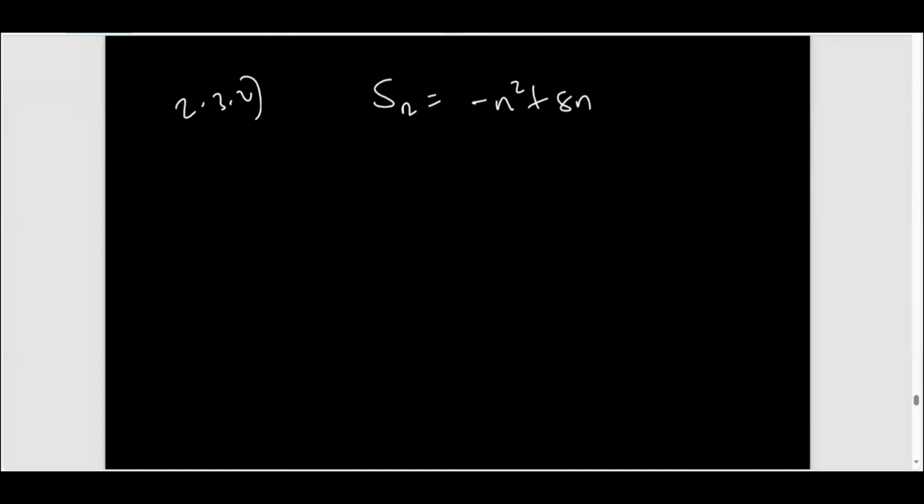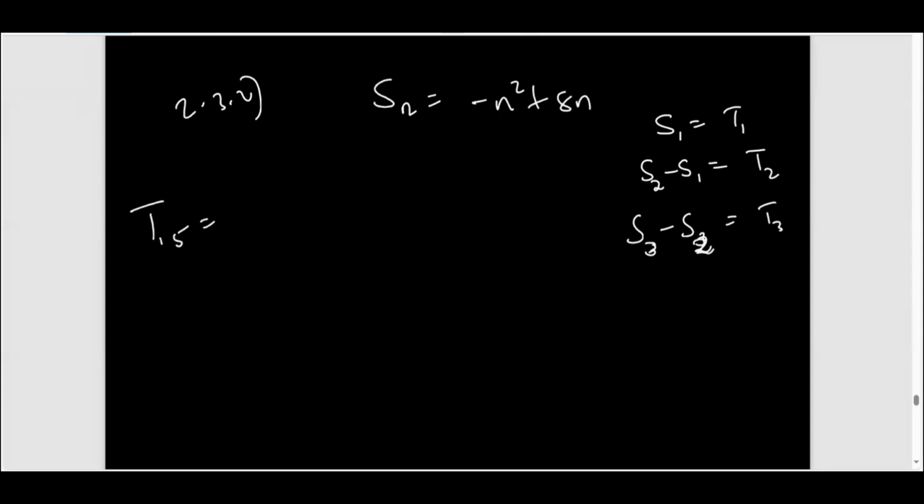So in other words, we know that S1 is the same as T1. And then if I get the sum of the first 2 terms minus the sum of the first term, I should be able to get T2. And then T3 must be the sum of the 3 terms minus the sum of the first 2 terms. Now, since they're asking for T15, I'll have to get S of 15 minus S of 14.